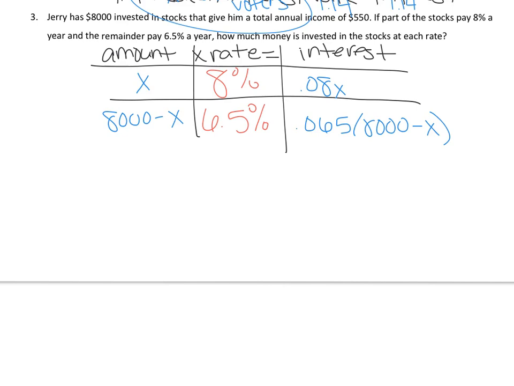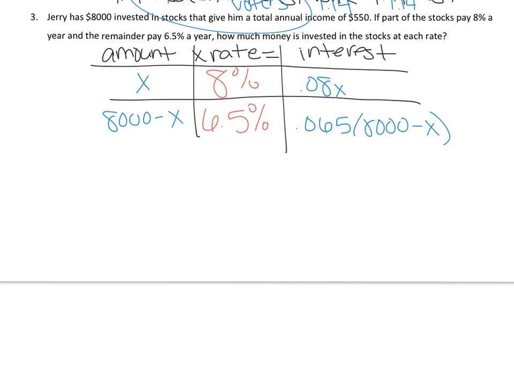Okay? So to decide this, we need to interpret our chart and then read back to the information given. What this chart means, this interest right here, is how much money he is earning on this amount of money, and this is how much money he's earning on this amount of money. So how much he's making off the 8% interest and how much he's making off the 6.5% interest.